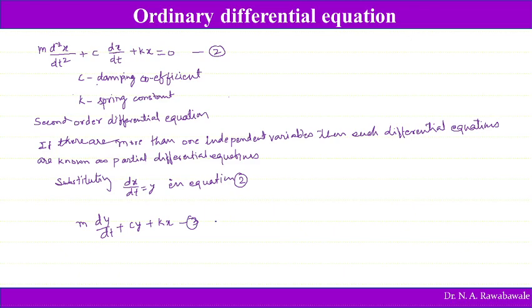On simplification, dy by dt can be written as minus cy plus kx divided by m, a first order differential equation.